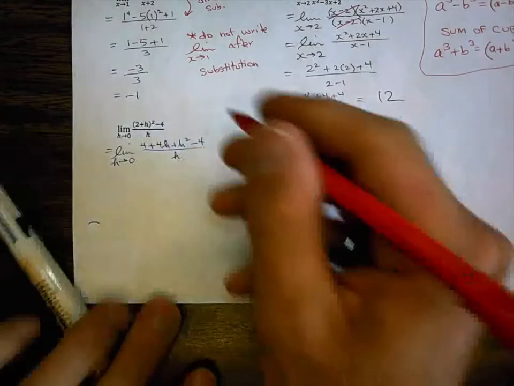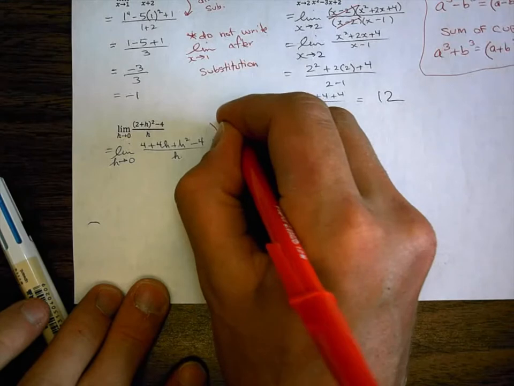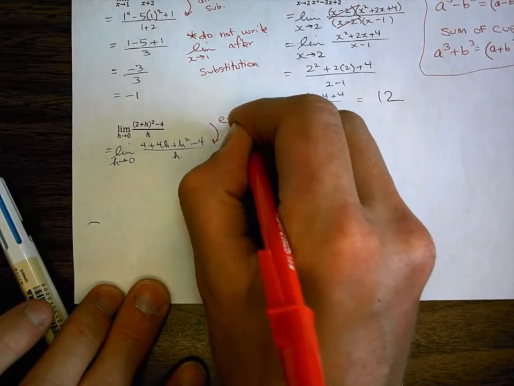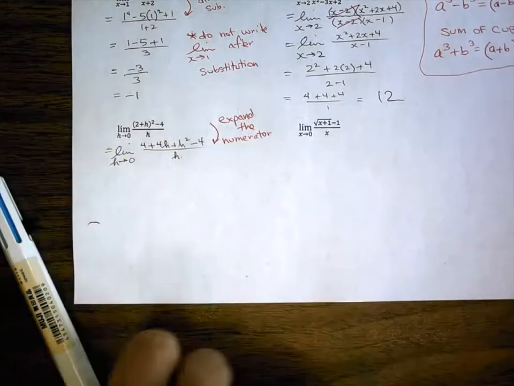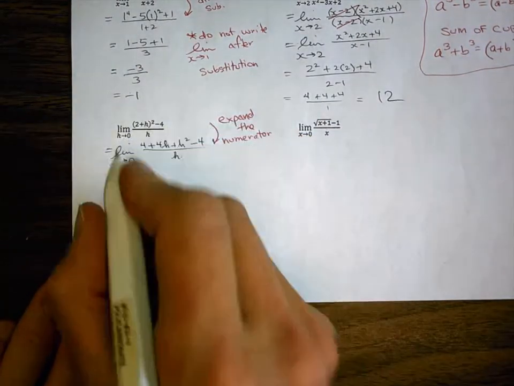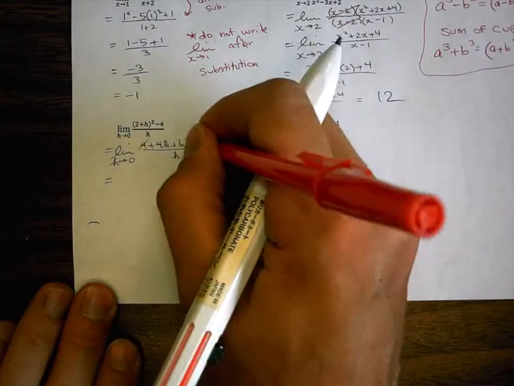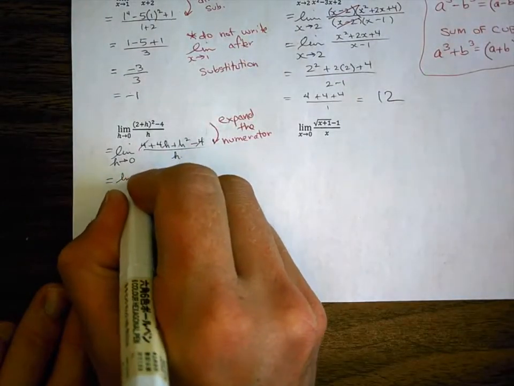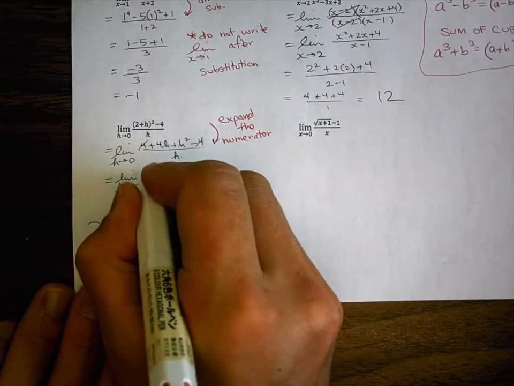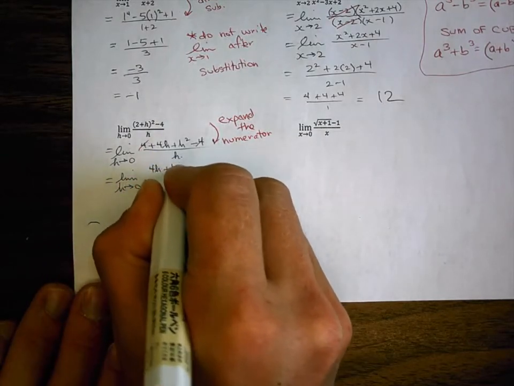This is called expanding or FOILing the numerator. Now, when I do this, 4 minus 4, those things subtract out to 0. So my limit simplifies to 4h plus h squared over h.